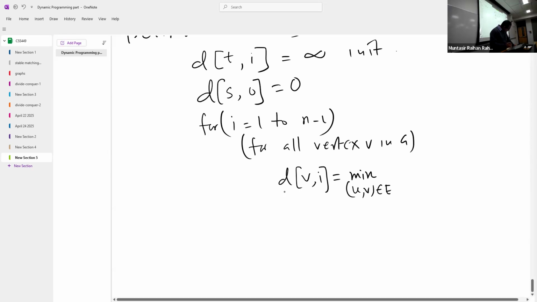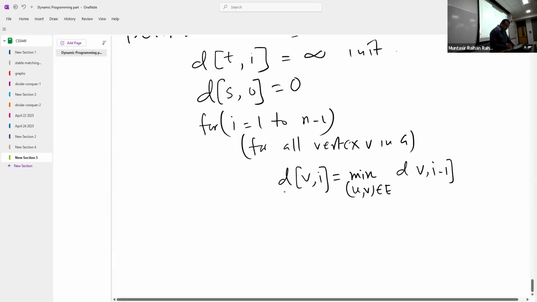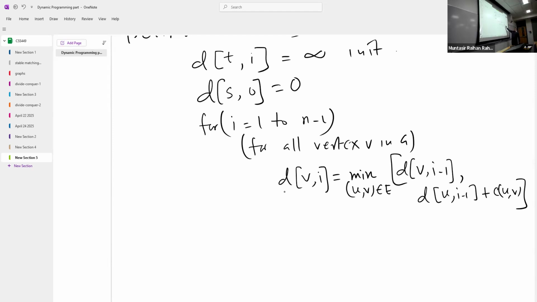We're going to look at the minimum of either the path from s to v already has less than or equal to i minus 1 edges, so in that case it is d of v, i minus 1, or it's going to be d of u, i minus 1 plus the cost from u to v, right? So this does not depend on this edge, so it's also going to be the same. So it's okay if we keep it inside this minimum.